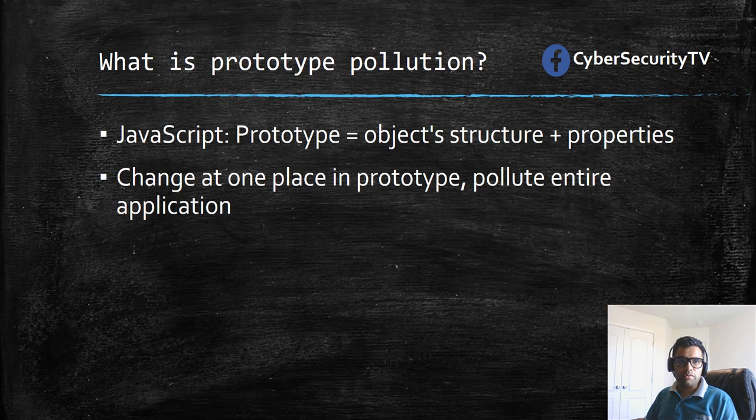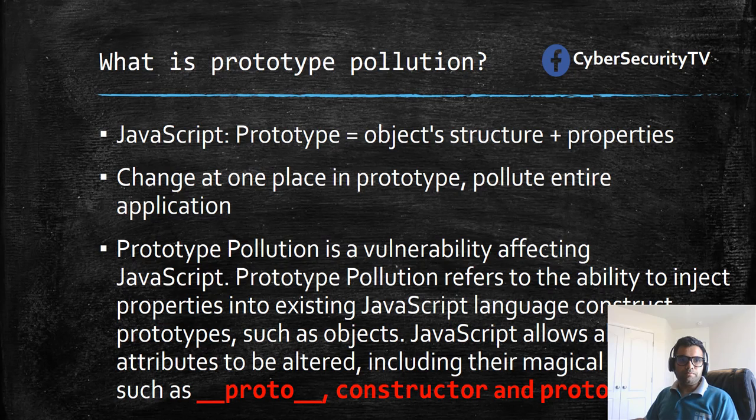Once you're able to successfully update the prototype of the object, it will be reflected in whichever objects have inherited from that constructor. So prototype pollution is a vulnerability affecting JavaScript. Prototype pollution refers to the ability to inject properties into existing JavaScript language construct prototypes, such as objects.